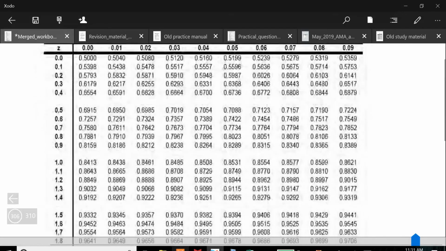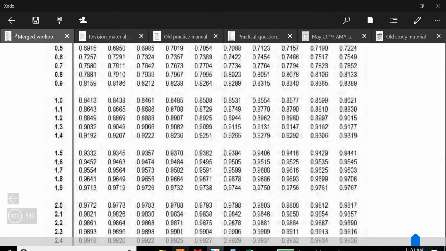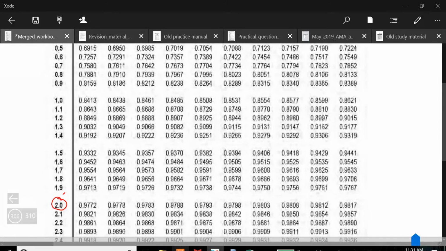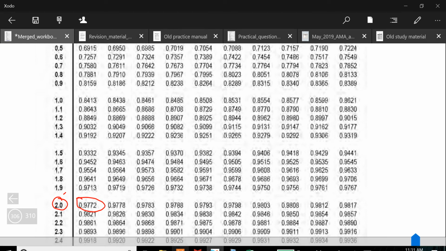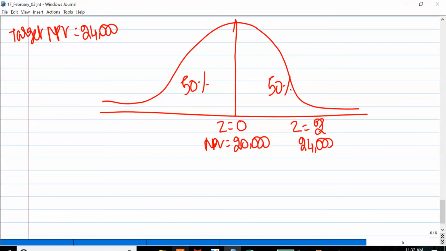Now listen, Z is 2.0 here, and the probability is 0.9772. So for Z of 2, the probability is 0.9772.